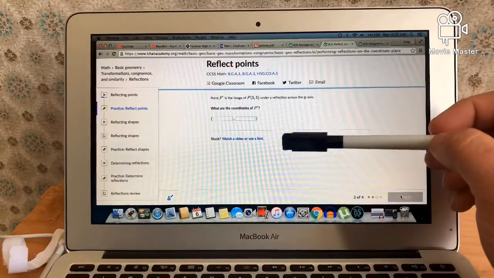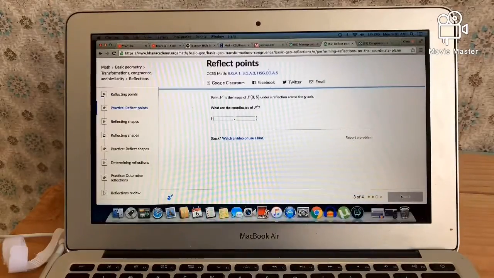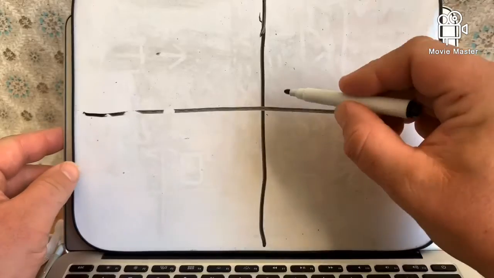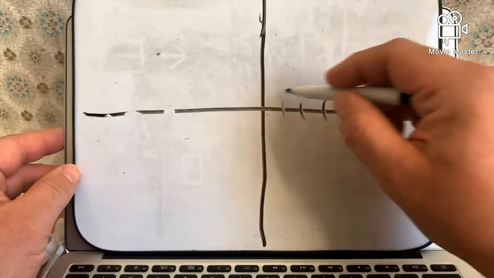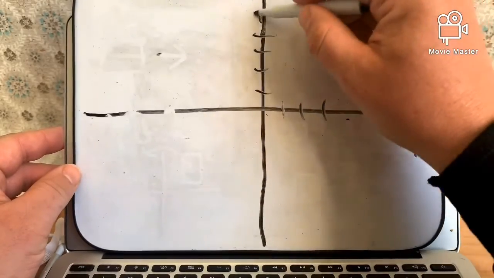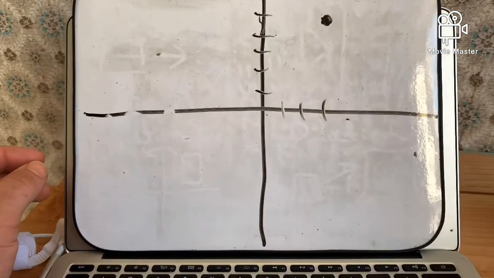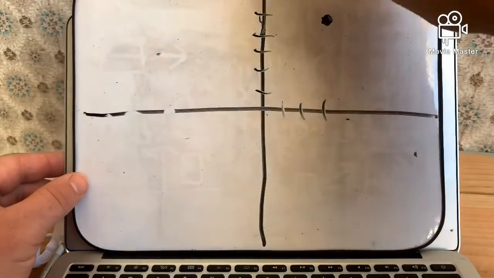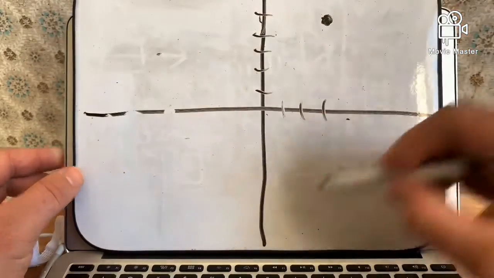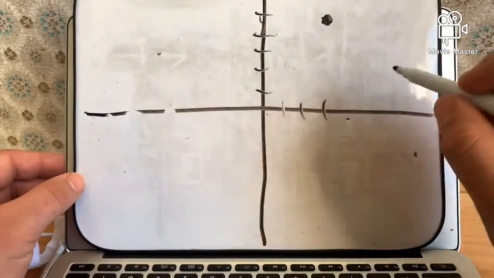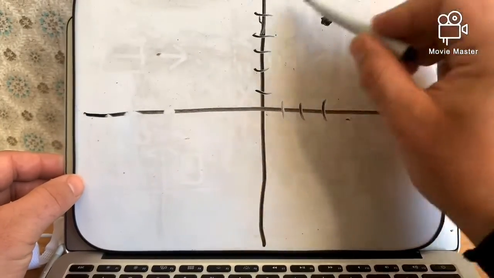If we have a coordinate grid, and we are at 3, 5, so 1, 2, 3, 1, 2, 3, 4, 5, okay, there's a point, and we're reflecting over the y-axis, so our line of reflection is the y-axis. Now, I could just start at 5 and count over 3, but I want to think about, well, what does it actually mean?